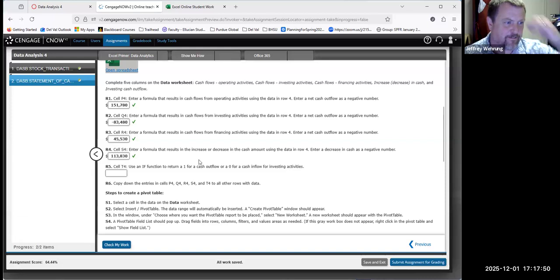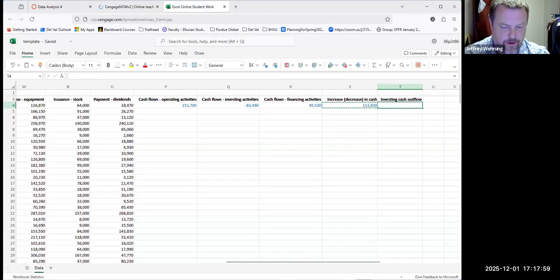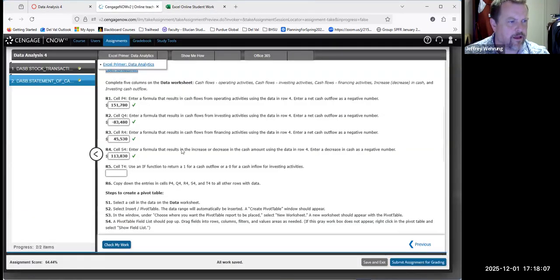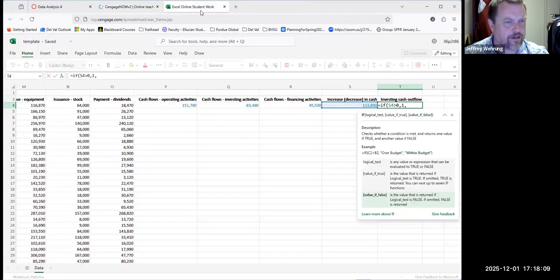T4, use an if function to return a 1 for a cash outflow or a 0 for a cash inflow. Okay. If that is greater than 0, then return a 1. Wait, am I reading that right? 1 for cash outflow, actually. So it's going to be if it's less than 0, return a 1.